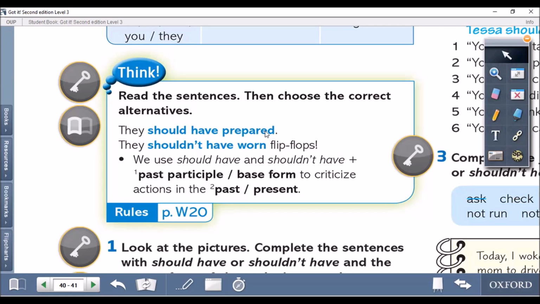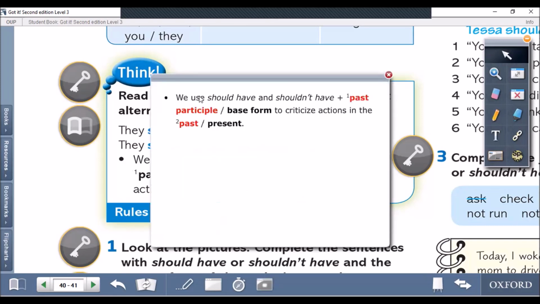They should have prepared, and they shouldn't have worn flip-flops. So, we use should have and shouldn't have plus past participle, to criticize actions in the past.